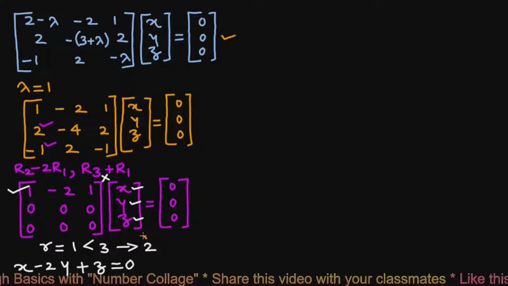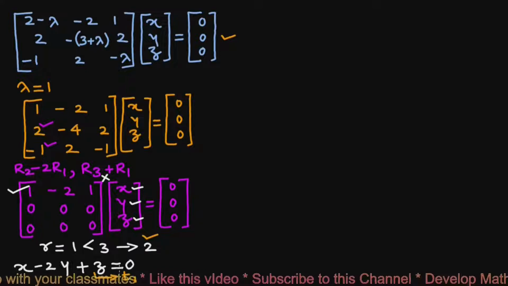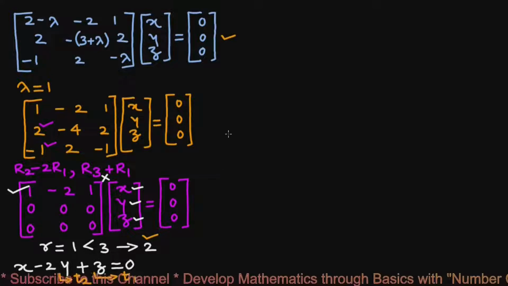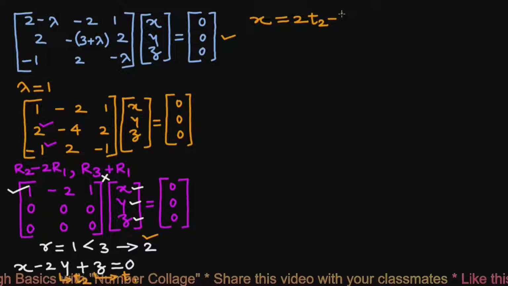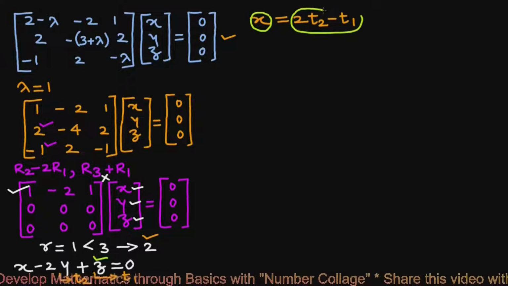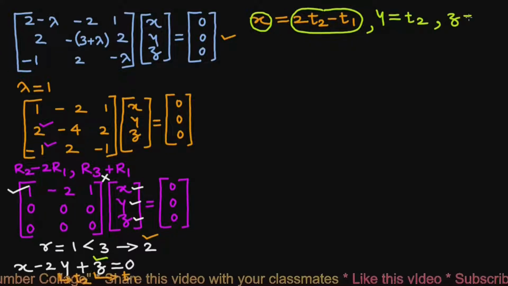For two independent solutions, we assign parameter t1 to this z and parameter t2 to this y. That gives us the value of x equals 2t2 minus t1. So the solutions will be x equals 2t2 minus t1, y will be t2 and z will be t1.